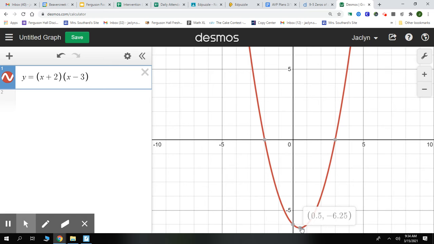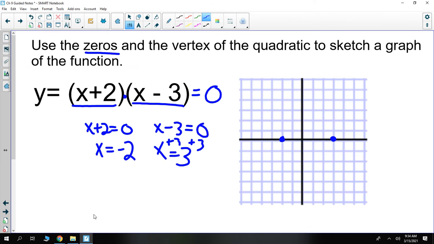It's (0.5, -6.25). So I'm going to come on here and go to a half, -6.25. So there's a half, -1, 2, 3, 4, 5, 6.25. Be right down here. And then, because remember, this is the line that goes right down the middle, that's where it is. There's the vertex. And so now I can sketch a graph because it goes through those zeros and touches down at my vertex down there.